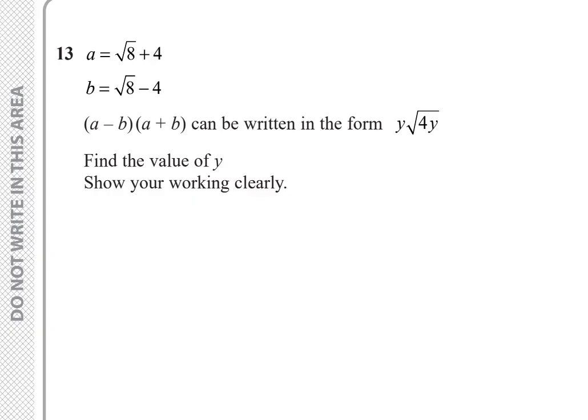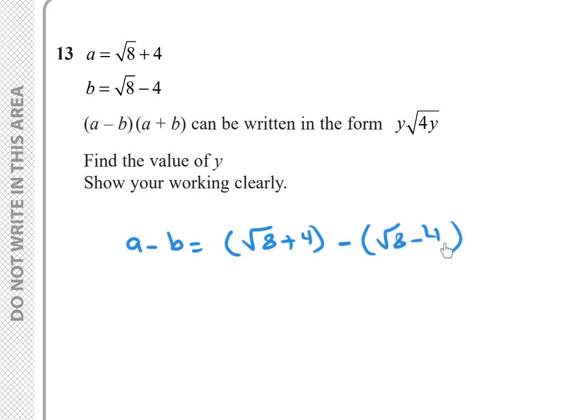Number 13, a equals square root 8 plus 4, b equals square root 8 minus 4. A minus b times a plus b can be written in the form y square root 4y. Find the value of y. A minus b, this means square root 8 plus 4 minus bracket square root 8 minus 4.